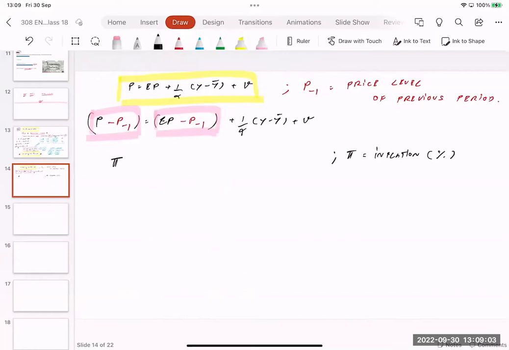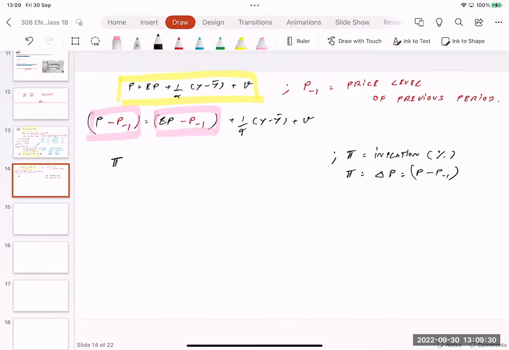For example, if I say that this quarter inflation is 3%, it means that this quarter everything in the economy becomes 3% more expensive than the last quarter. So normally pi, or inflation, is about the changing of price, like price today minus price yesterday.